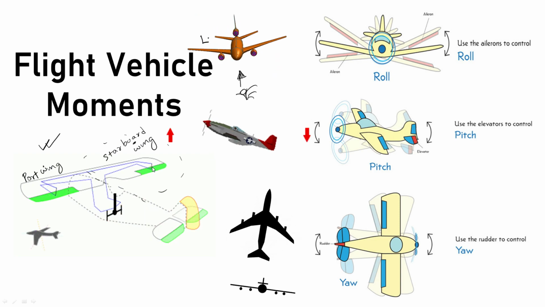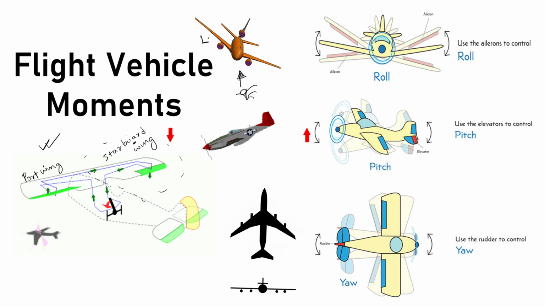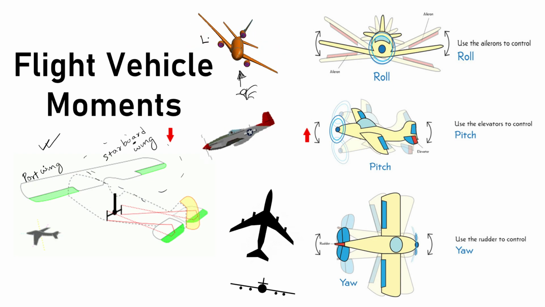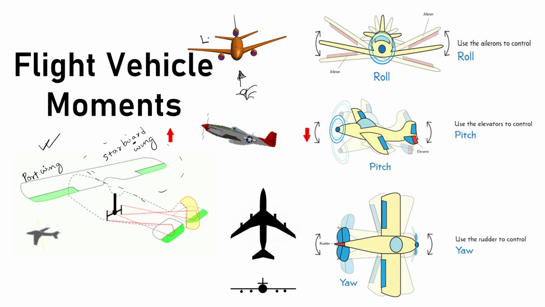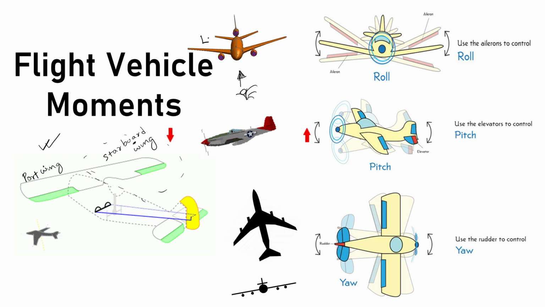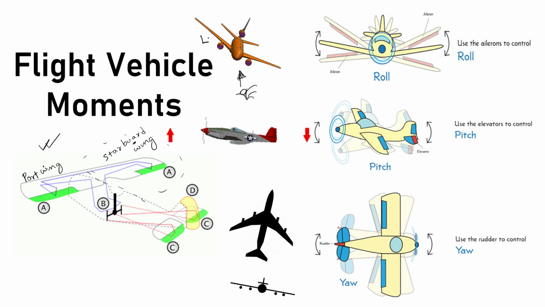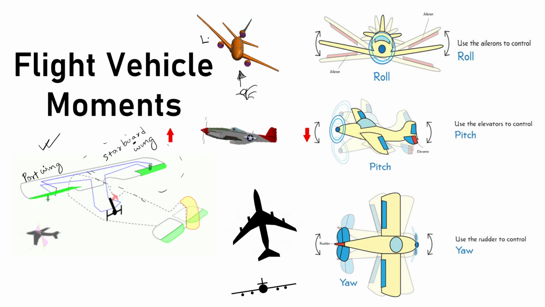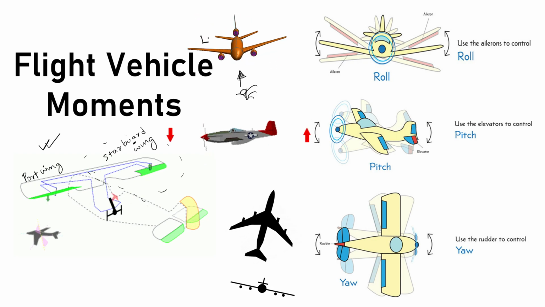In your future exams also, they will not say right or left wing. They will always give the questions with the port wing and the starboard wing. I hope you are well aware what a port wing and starboard wing are.